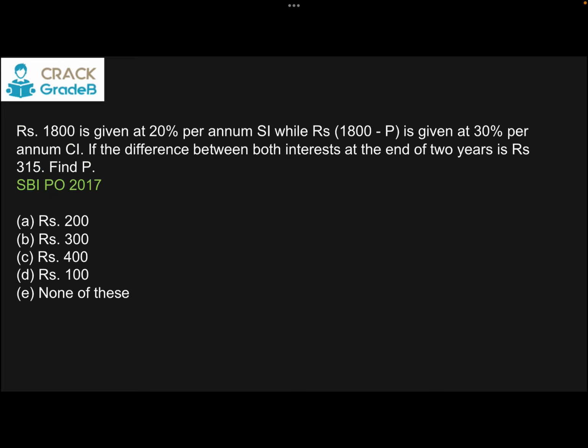If 1800 is given at 20% per annum simple interest, while rupees 1800 minus P is given at 30% per annum compound interest, if the difference between both interest at the end of 2 years is 315, find P. Again, let's call it scheme A, scheme B. Here 1800 is the principal.